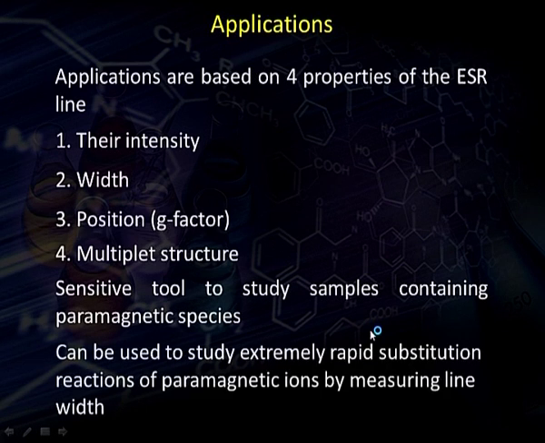It can be used to study extremely rapid substitution reactions of paramagnetic ions by measuring line width. The line components of ESR provide information about the type of nuclei present in the vicinity of the odd electron. The relative intensity of the ESR line confirms the type of nuclei which are responsible for the hyperfine coupling.